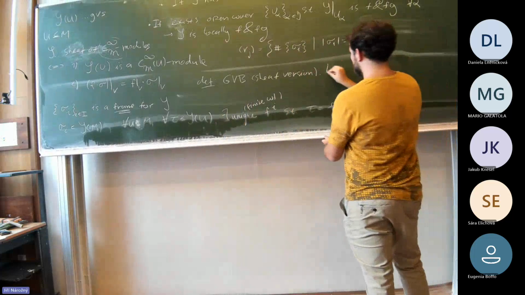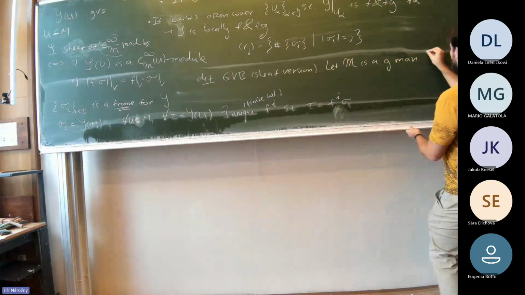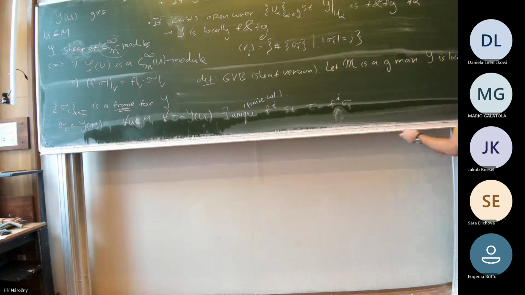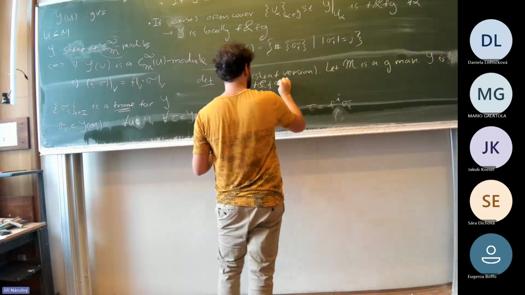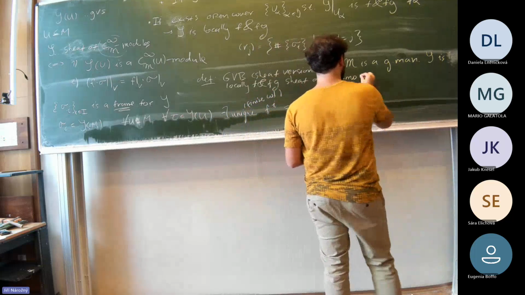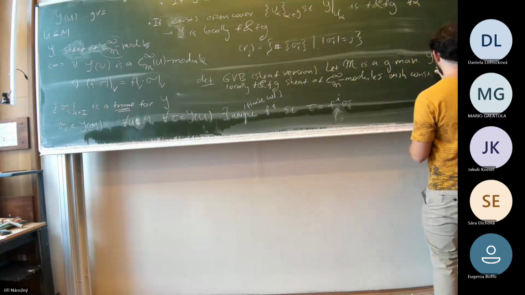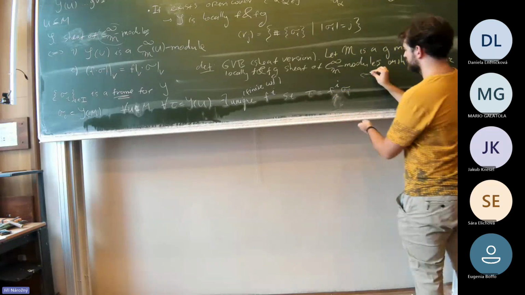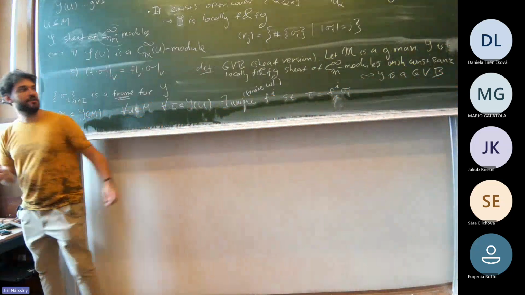So we say that if M is a graded manifold and S is a locally freely and finitely generated sheaf of modules over the graded functions with constant rank, then this is the same thing by definition as saying that S is a graded vector bundle. This is one possible definition of graded vector bundles.